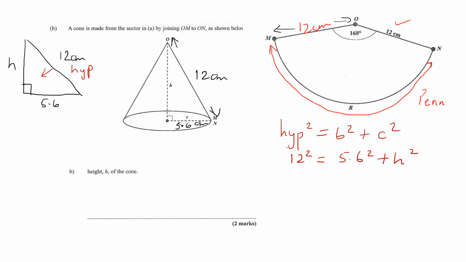So 12 squared minus 5.6 squared is equal to h squared. Let's put it on the calculator. 12 squared is 144, minus 5.6 squared, which is 31.36. Subtracting that from 144, we get 112.64.